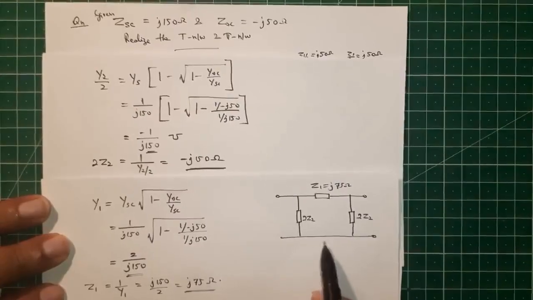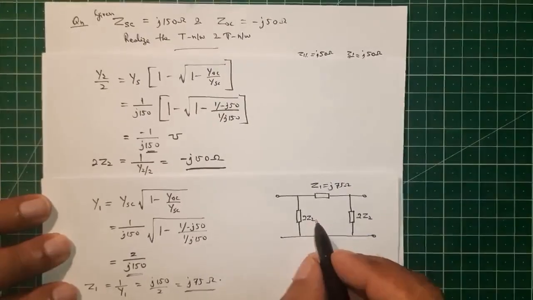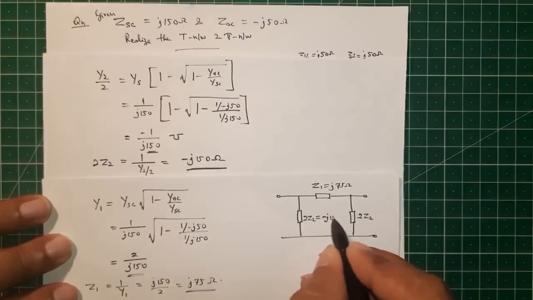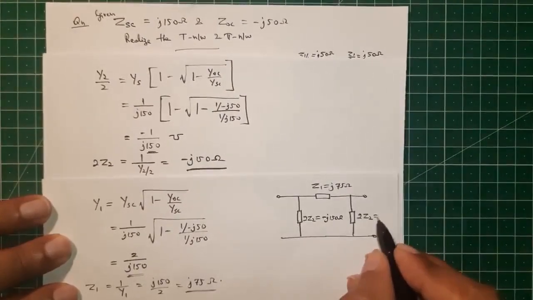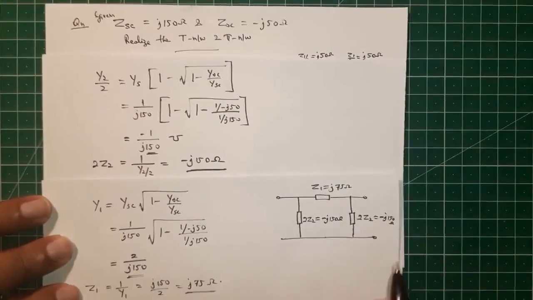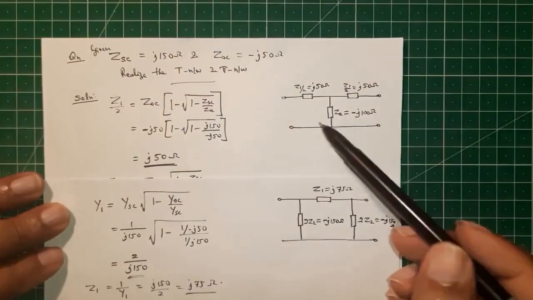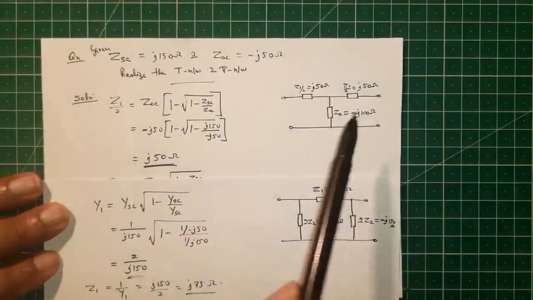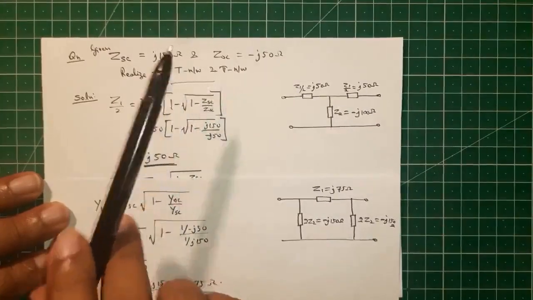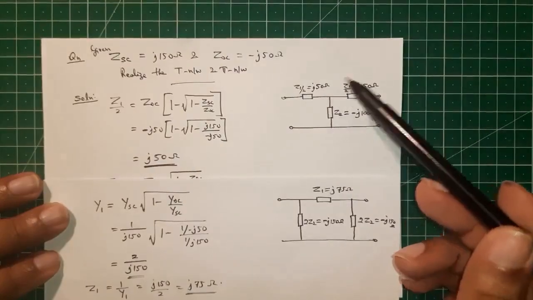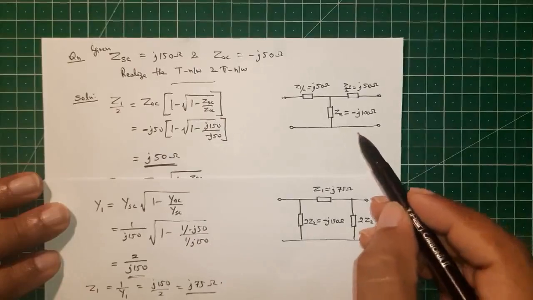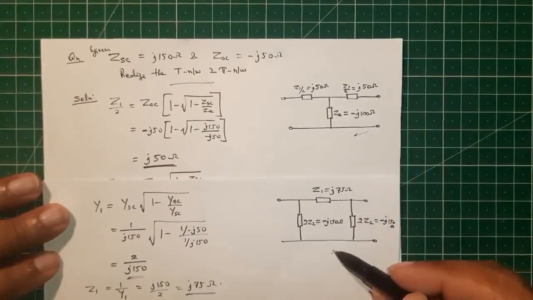So our pi network will look like this. So 2 Z2 is minus j150 ohm. This is also minus j150 ohm. This is the network that we have obtained. So we are given the short circuit and open circuit impedances, and we have realized the T network as well as the pi network.